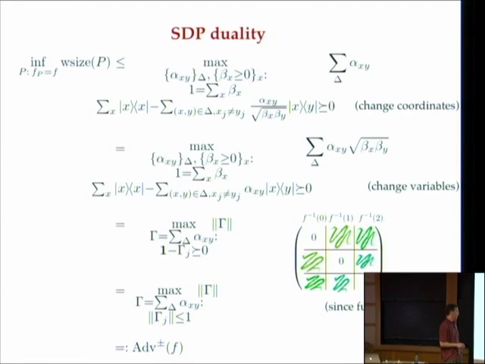And so that's the SDP we're getting when we just push things through. That's not the same as the adversary bound in general. But in the Boolean case, when you just have two of these, this condition is the same as the condition that the matrix have norm at most 1. And that's really the key step where I'm using the fact that the function is Boolean. Then, of course, this is exactly the definition of the adversary bound.